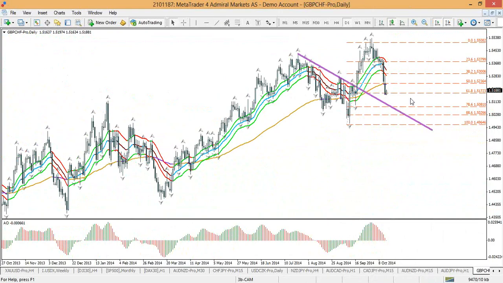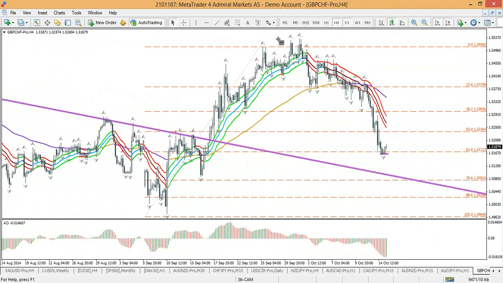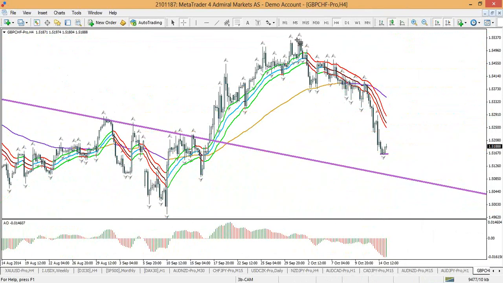78.6 fib, for instance. Let's put a fib on this downside, from retracement to target.